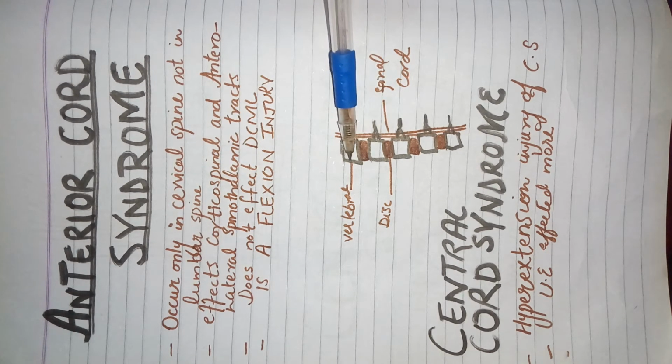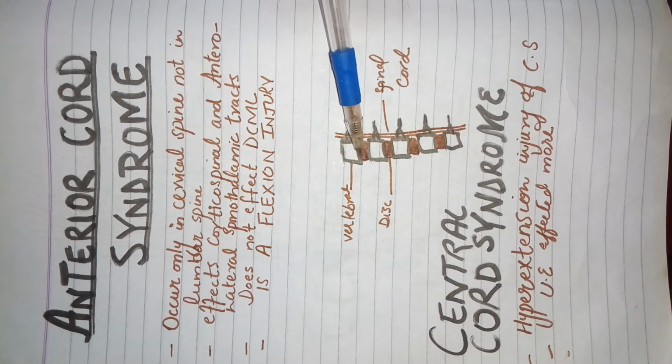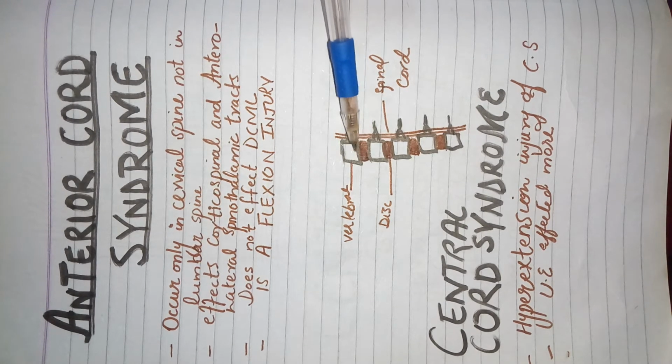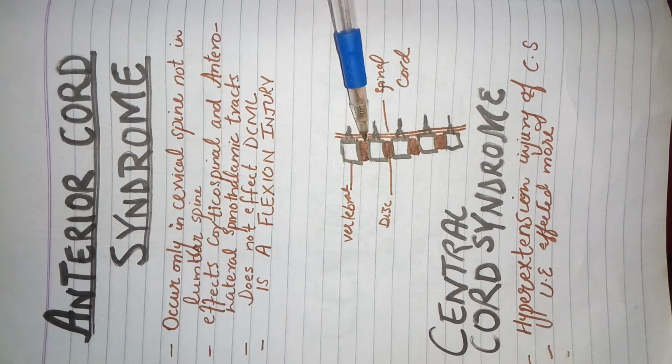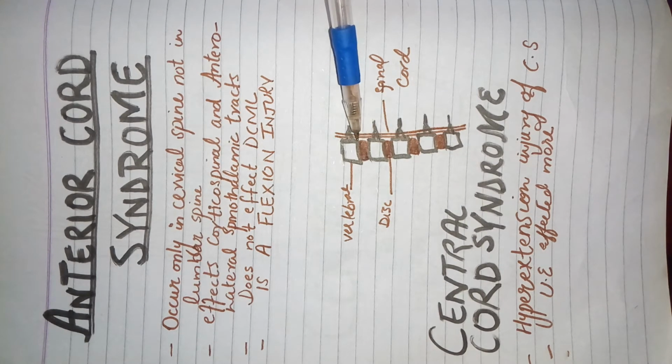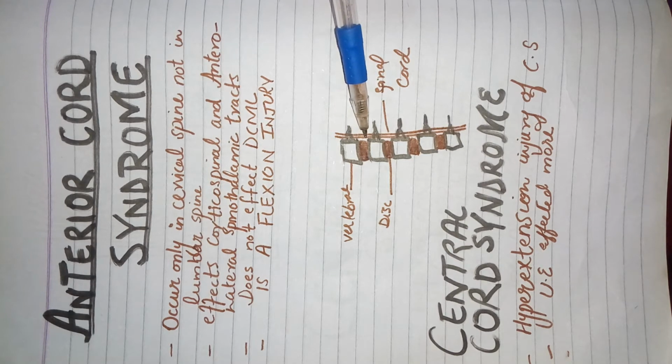Because of the increased pressure on the anterior part, the posterior part protrudes backward like a bubble, you may say, or a balloon. If you compress it from one side, it protrudes from the other side.